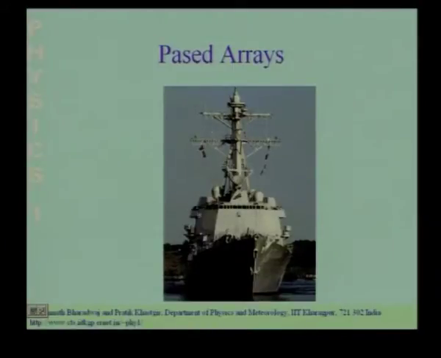The picture here shows a ship, and notice that on the ship you have these vertical rods. I do not know if you can see them, but there are these vertical rods over here.